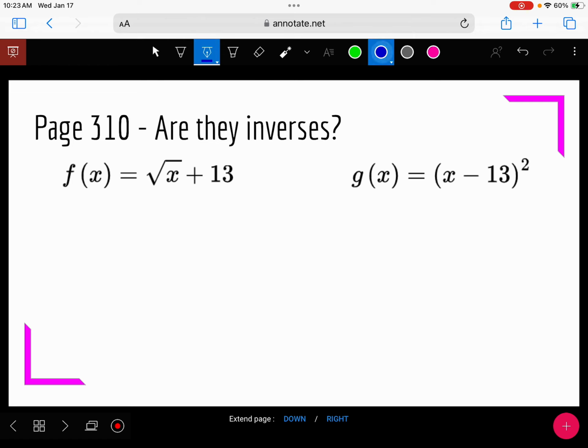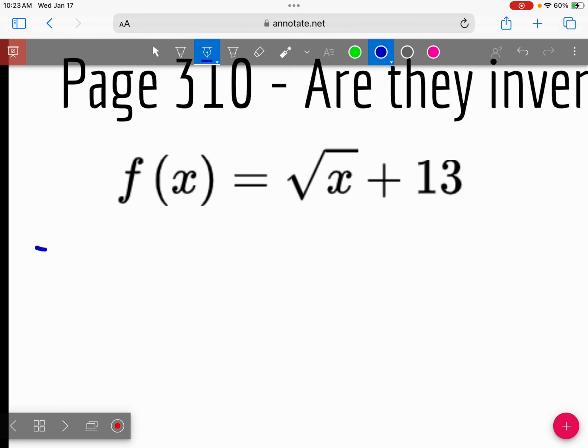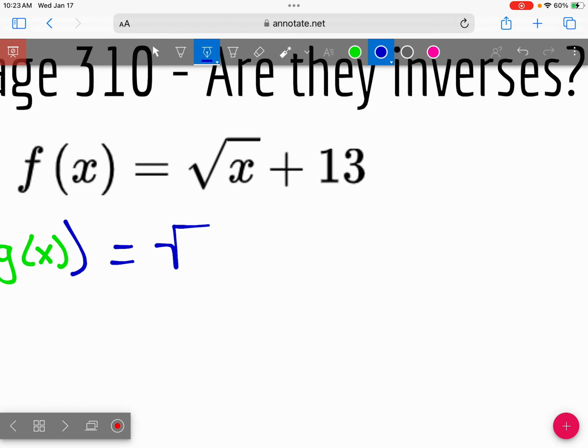And we're going to keep going with this just exactly the way we've been doing. We're going to take our compositions and go from there. f of g of x. So we're going to come in here and we're doing the square root of our g of x, plus 13. So we're substituting our pieces in together.